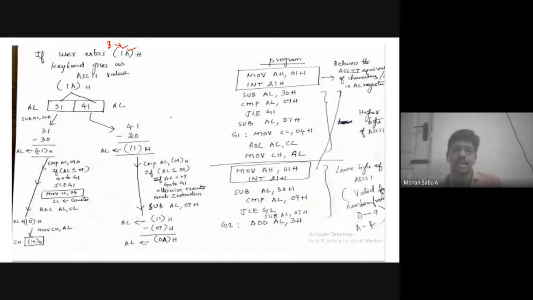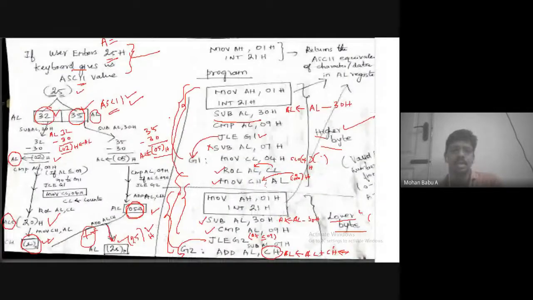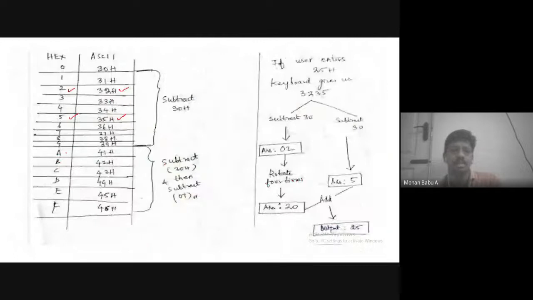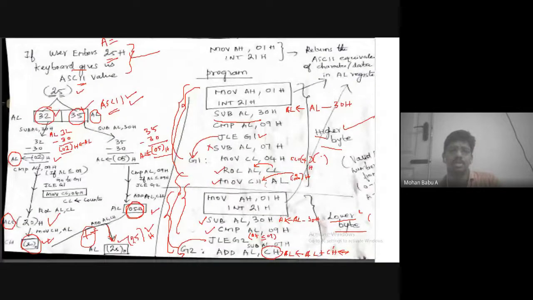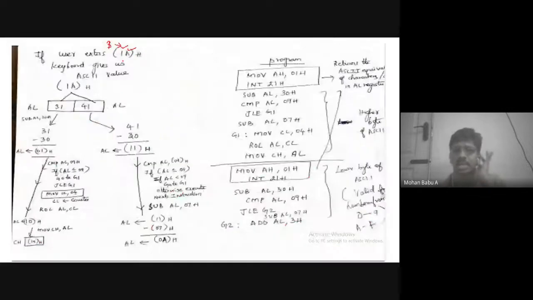See here, if the 8-bit data contains alphabets, just get the ASCII equivalent for A, subtract 30, and then subtract one more time 07. You will get the original result value. Now I will tell how to convert. If the user enters 1AH in the keyboard, the keyboard will use only the ASCII value.